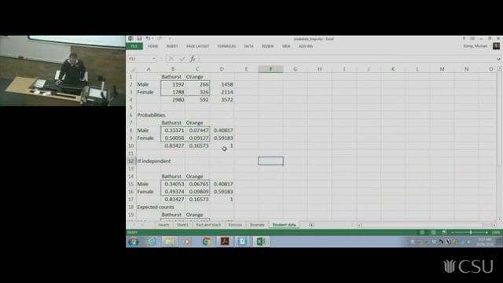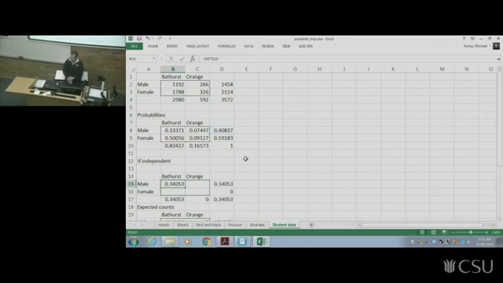If they're independent, let's work it out from scratch. If they really were independent, then the probability of being male and in Bathurst would be the product of that 41%, the probability of being male, times the probability of being in Bathurst. So if they really were independent, that would be the value we'd expect to get.